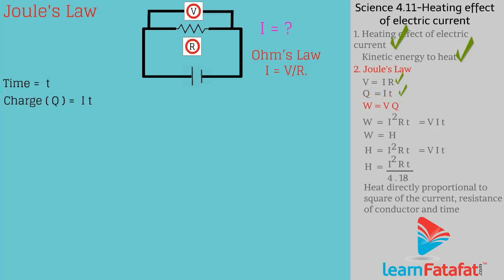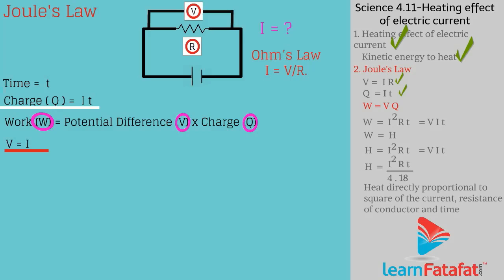Work done W during the flow of charge Q through the circuit is given by W is equal to potential difference V multiplied by charge Q, that is, W is equal to V multiplied by Q. But V is equal to I R from Ohm's law and Q is equal to I t.